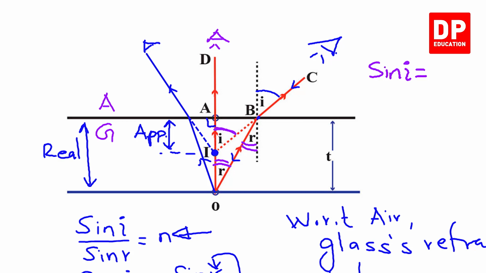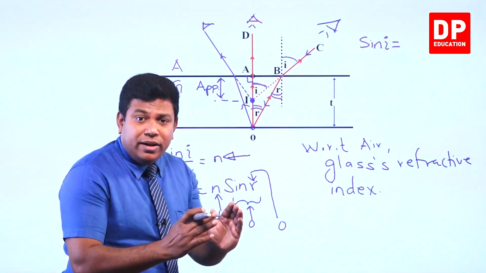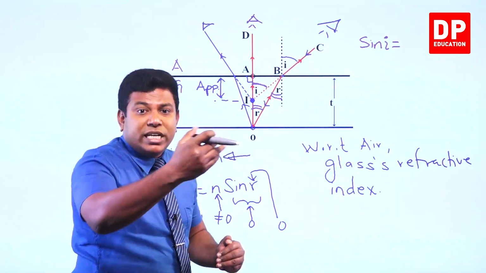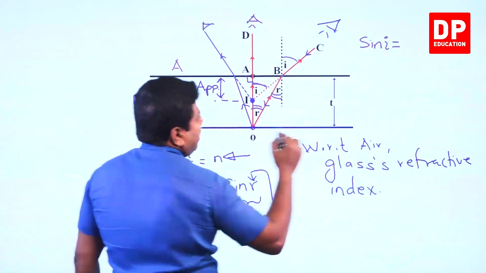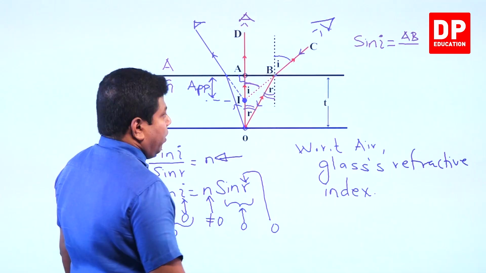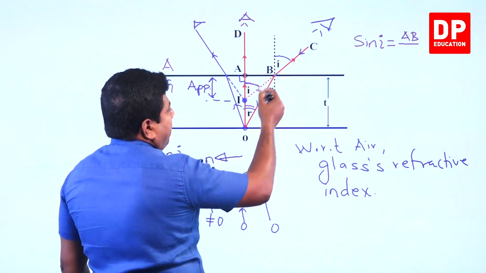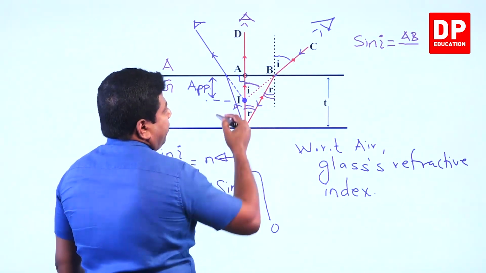Sin I has to be opposite side divided by hypotenuse. You know that. In a right angle triangle, sin theta is opposite divided by hypotenuse. This is the angle I, opposite means AB. Hypotenuse is BI.